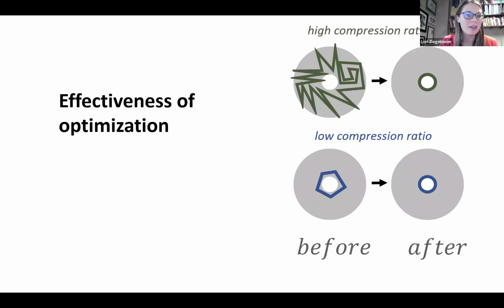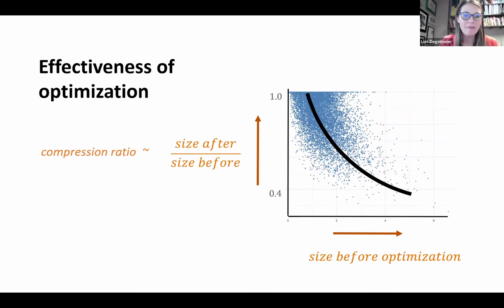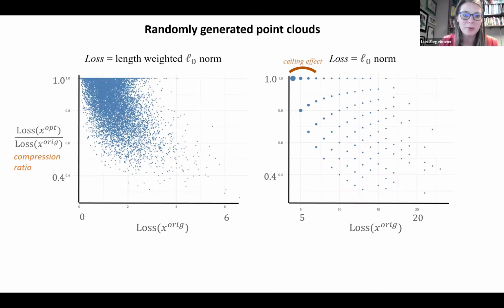If we look at the effectiveness of optimization, it turns out that the various approaches do in fact do some more compression, but as might be assumed, the smaller a cycle starts out, there's less that can be optimized. So larger cycles can be optimized more, and that should be pretty natural.